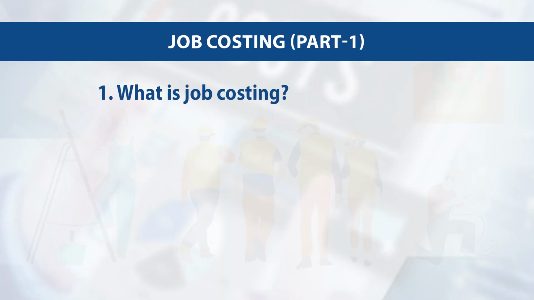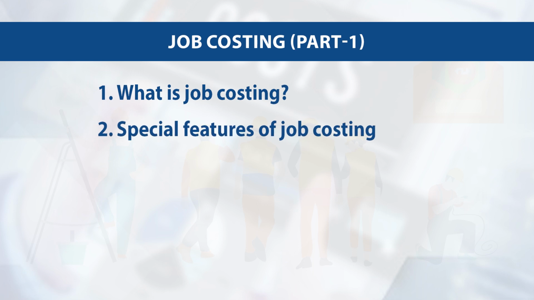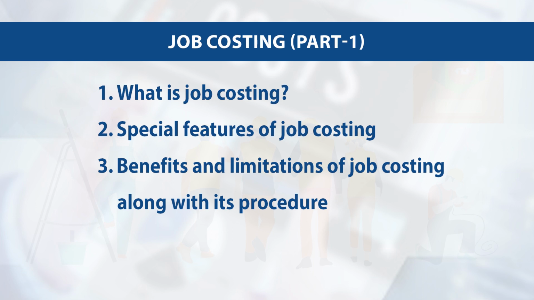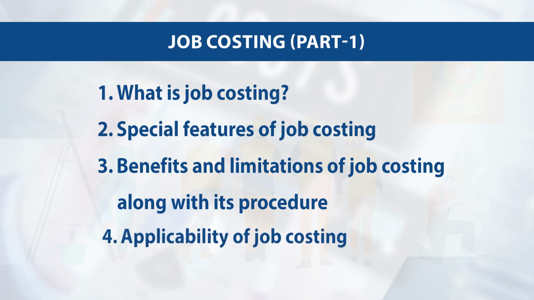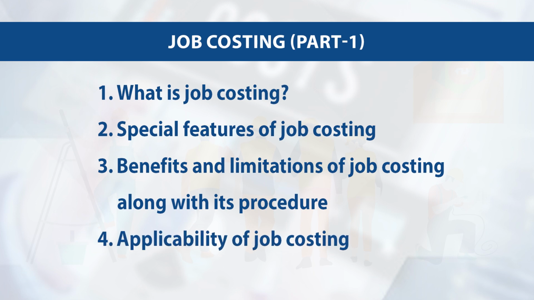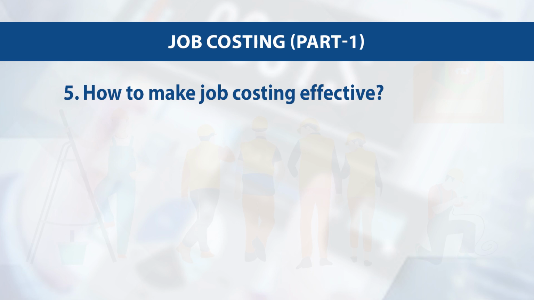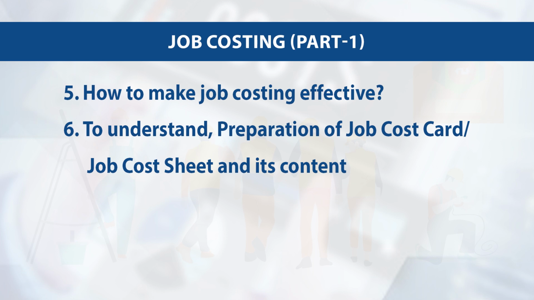In this part 1 of job costing, we have made an attempt to understand: number 1, what is job costing; number 2, special features of job costing; number 3, benefits and limitations of job costing along with its procedure; number 4, applicability of job costing; number 5, how to make job costing effective; number 6, preparation of the job cost card or job cost sheet and its content.